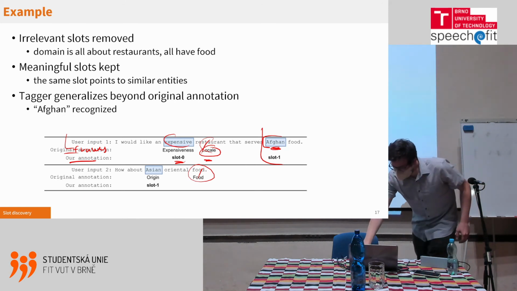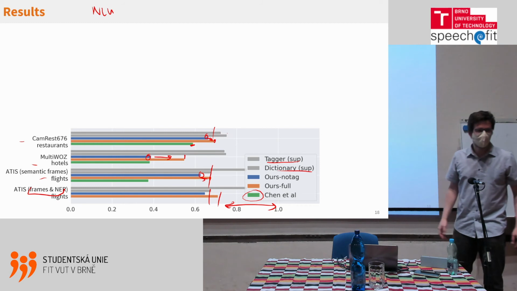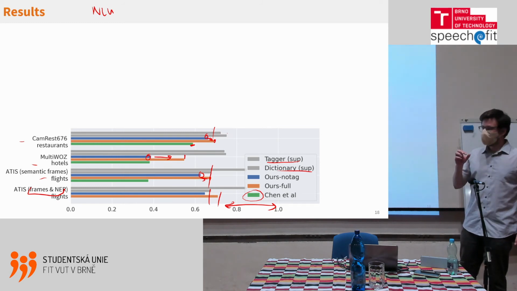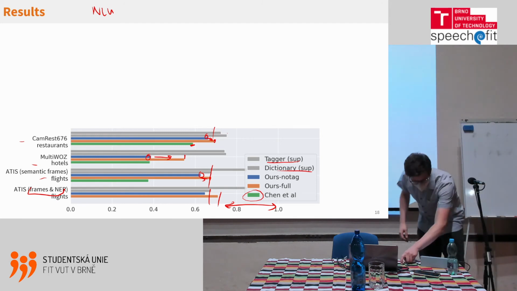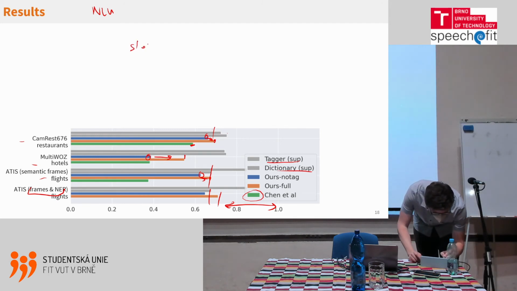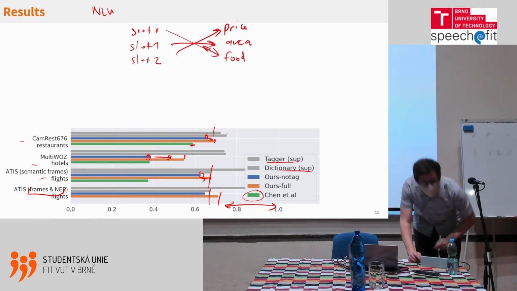If you want to measure the scores, you actually have to look at a few examples for each of the slots and then assign the label from the original training data. So you have slot 0, slot 1, and then stuff like price, area, food, and you have to go and do this yourself to connect them.